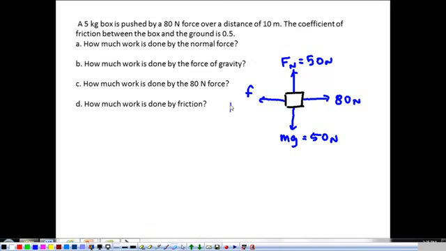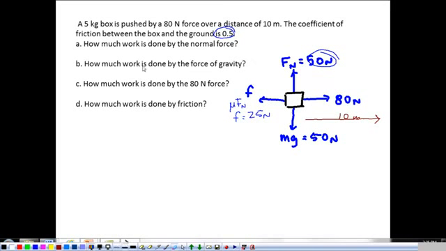If you recall, friction is mu times the normal force. Well, that's just 0.5 times 50. So my frictional force here is equal to 25 newtons. All right. The next thing we need to note is that this box is going to move 10 meters in that direction. Forward 10 meters. 80 newtons pushes it 10 meters forward.